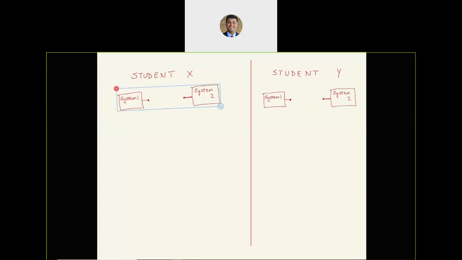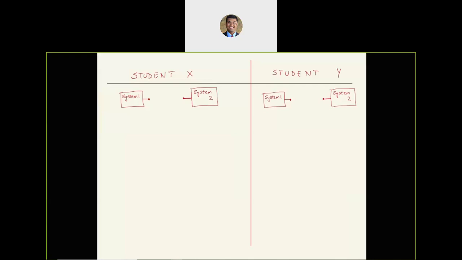So let's say student X uses this approach. That's our design issue. Connect the output of system 1 to the input of system 2, and we are assuming that the signals being used here are binary, low or high.